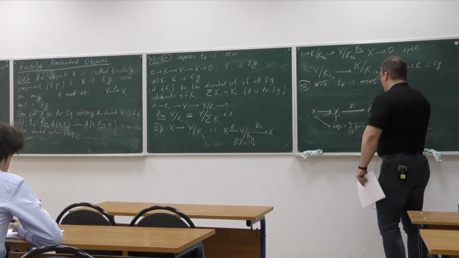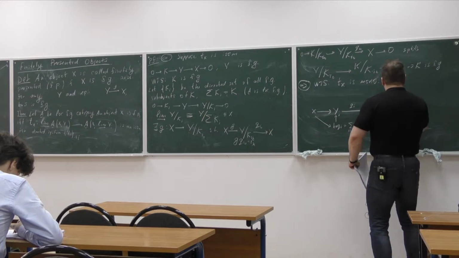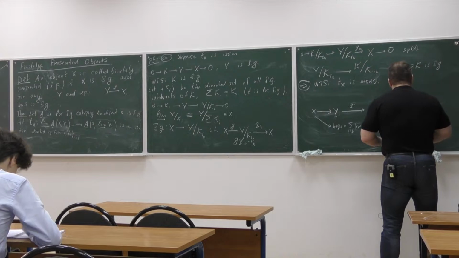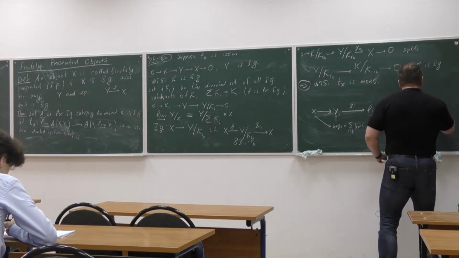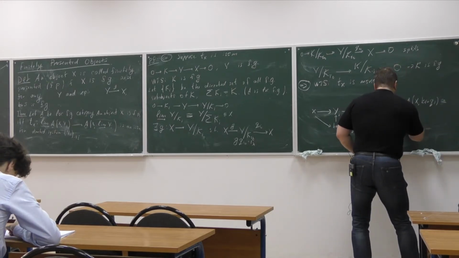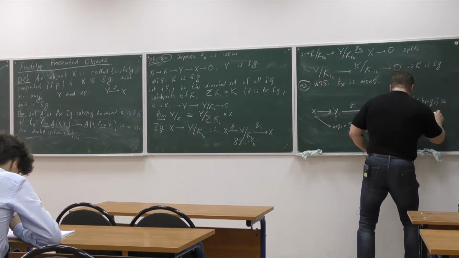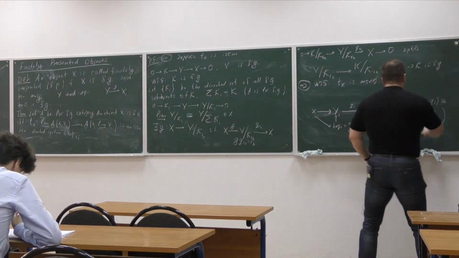So now let's use that the limit of the Homs in the category A between x and the kernel of the Q_i is isomorphic to the Homs between x and the direct sum of the kernels of F_ij, again i less or equal than j.